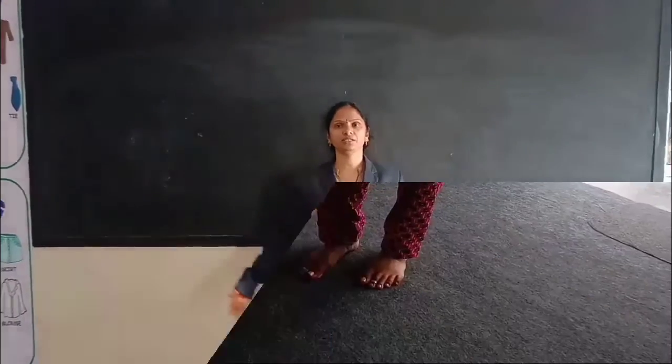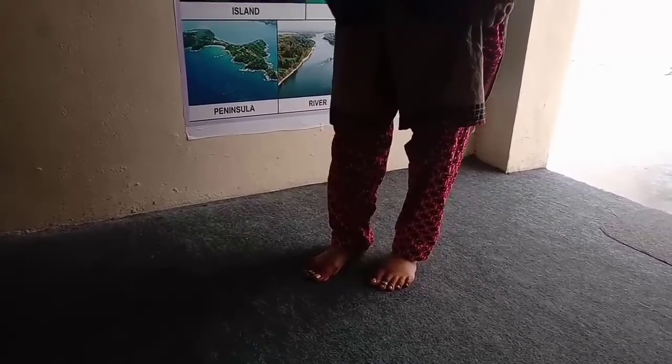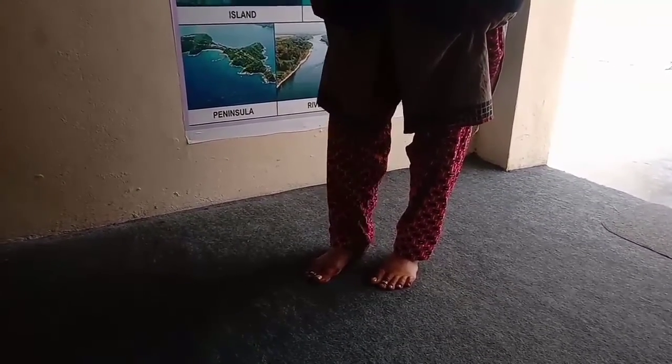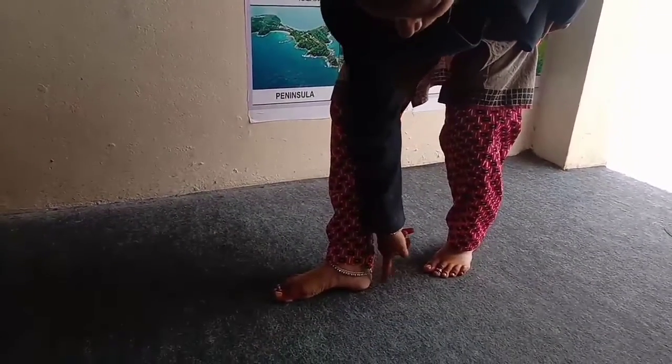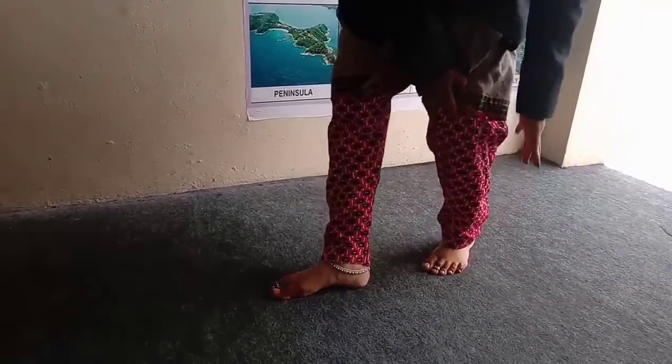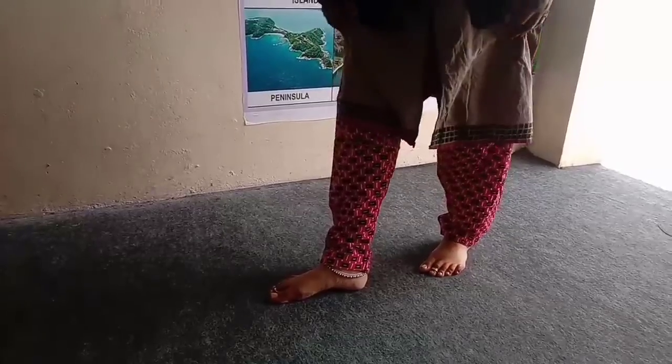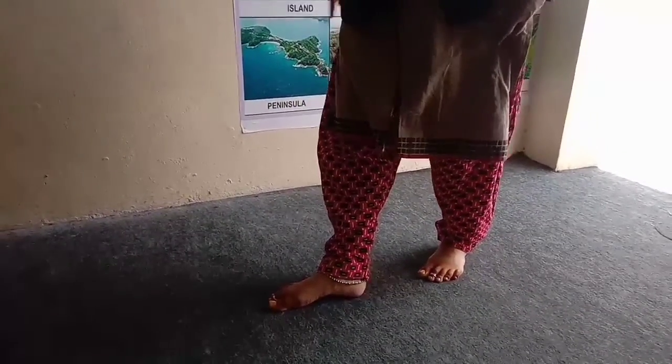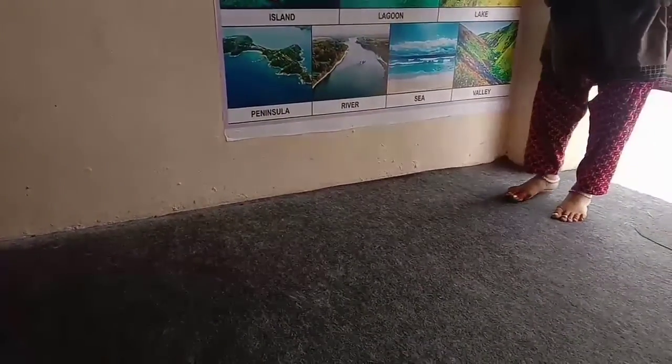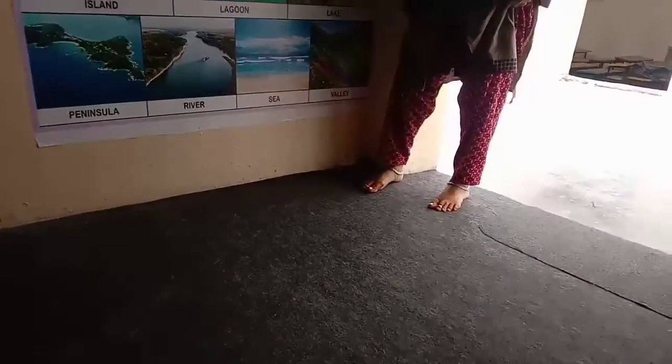Now let's count this wall distance in paces. Pace means what, children? The distance from this leg's heel to this leg's heel. In Telugu we call it adugu. Come on, let's count the length of this wall in paces. The wall is starting from here. Here to here, 1.